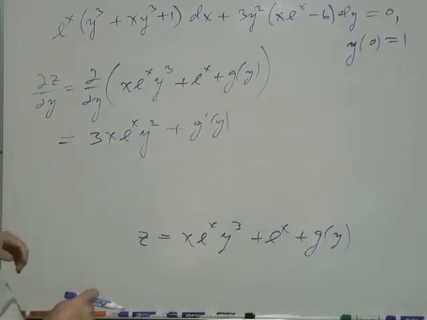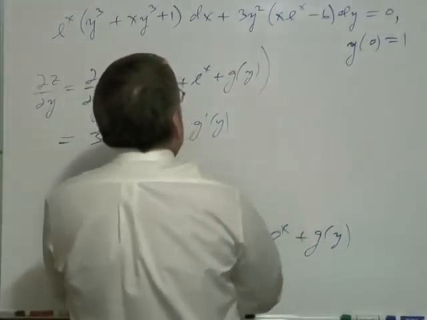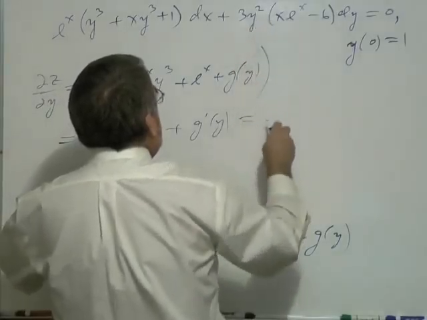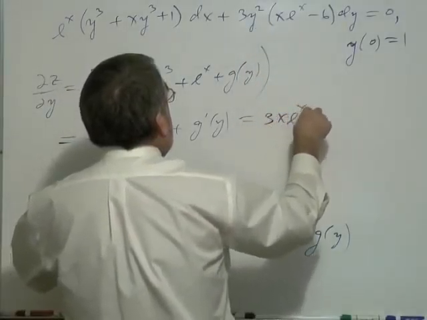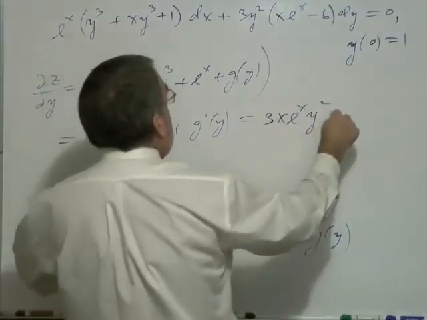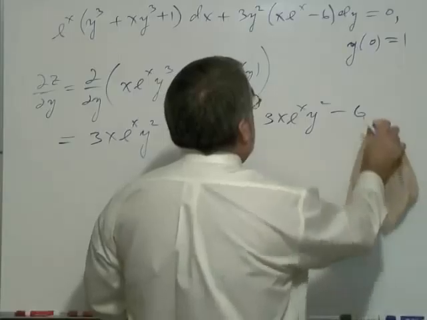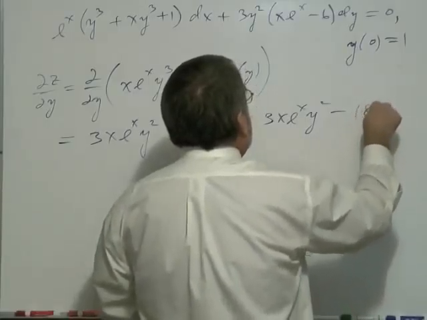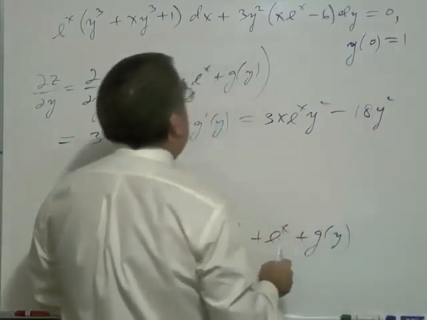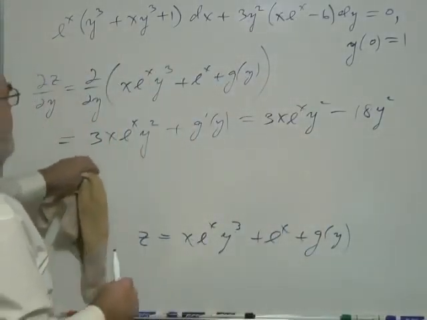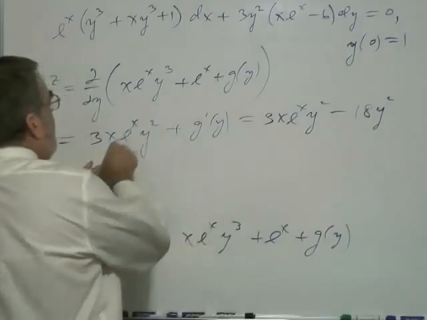Now then, I'm going to set this equal to this function. I'm going to multiply that out. So this is 3x e to the x y squared, minus 18y squared. Multiplying this through, let's see what we have here. These do match.